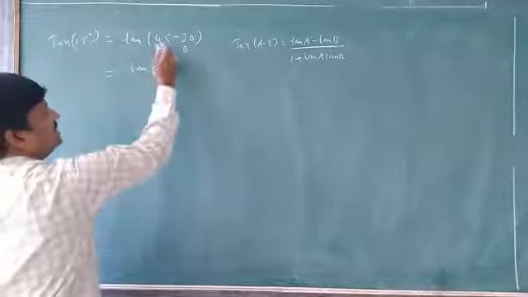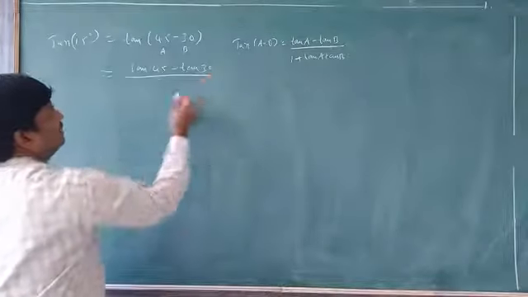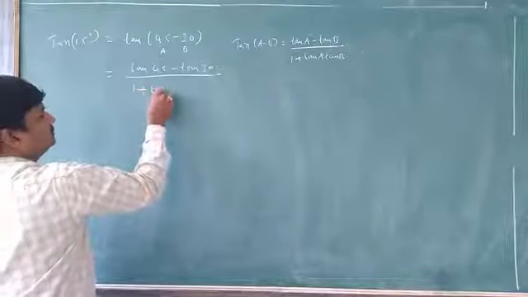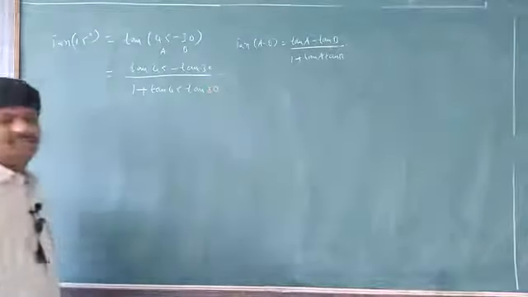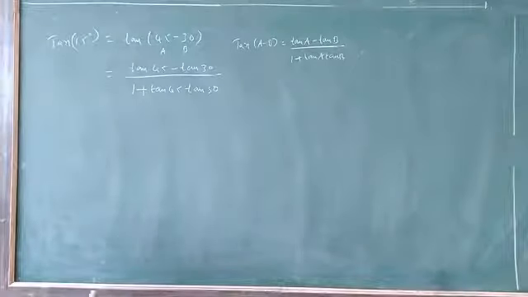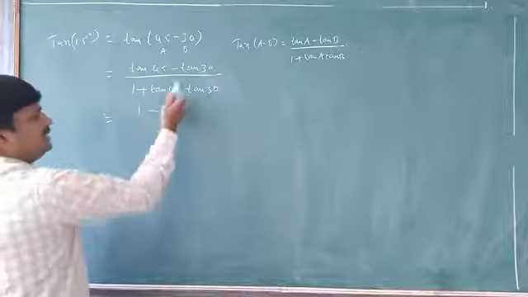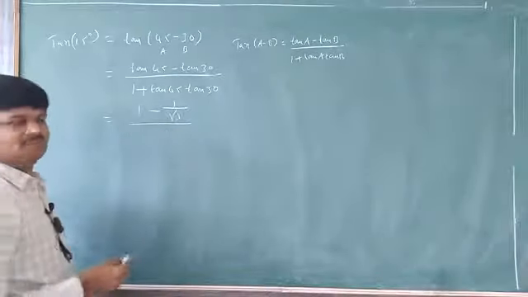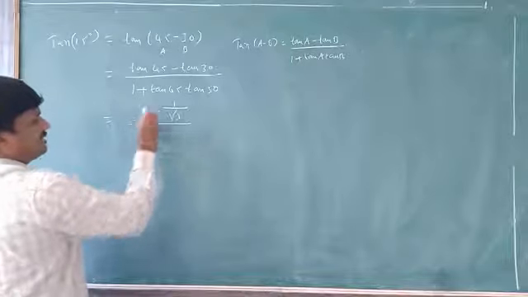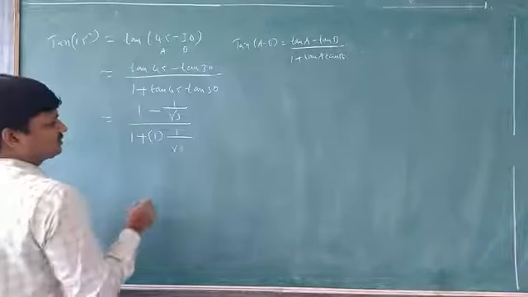Tan 45 minus tan 30 by 1 plus tan 45 tan 30. Clear? Yes. Next, tan 45 value 1 minus tan 30 value 1 by root 3. Okay? Yes. 1 plus tan 45 value 1, tan 30 value 1 by root 3.